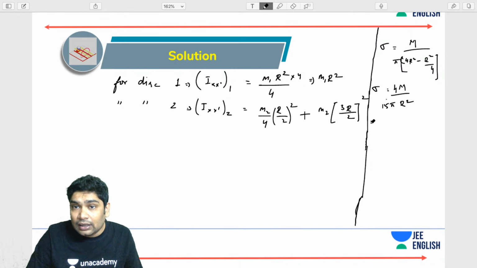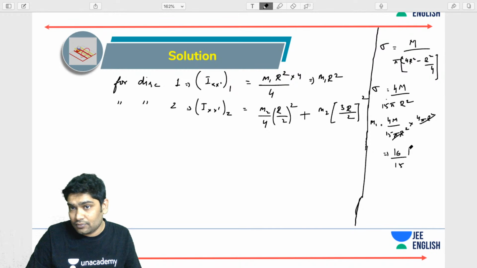Correct. Now m1 would become 4m by 15 pi r square into 4 pi r square. So this goes, and you have 16 by 15 m. And for m2 again you have minus 4m by 15 pi r square into pi r by 2 whole square.